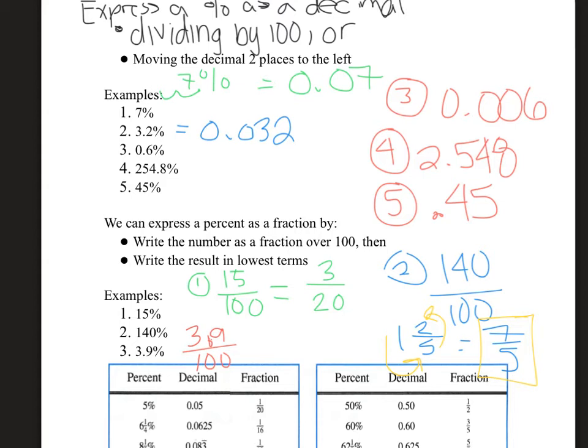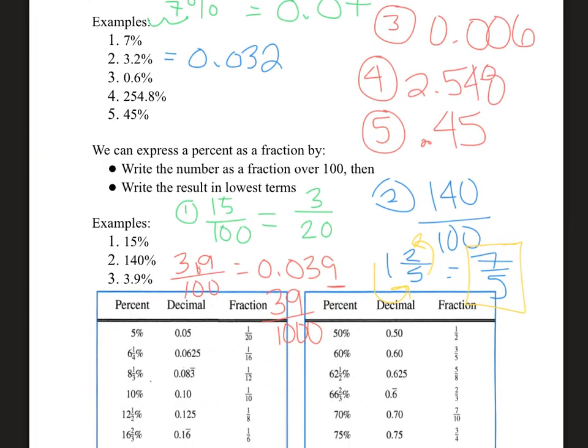So you're just going to do 3.9 divided by 100, and you get a decimal answer of 0.039, which is 39 thousandths. So that means, because this 9 is in the thousandths place, this fraction is 39 over 1,000. And then, of course, you can put that in your calculator and see if you can simplify using the ABC key. And when you do, you can't, because 39 is not divisible by anything but 1 and itself.